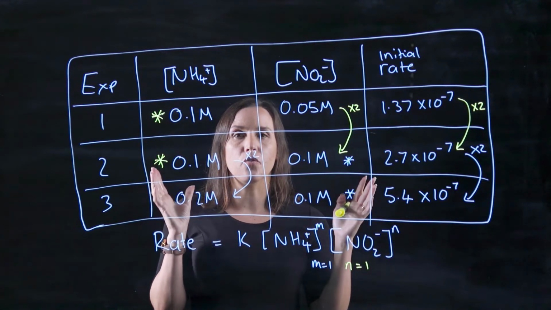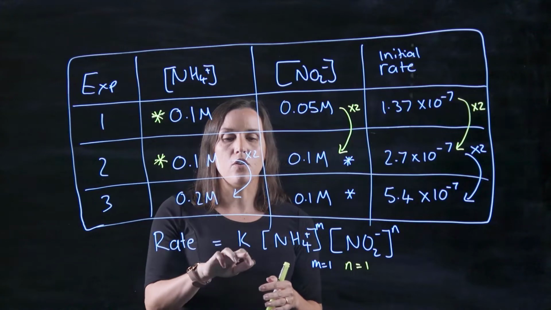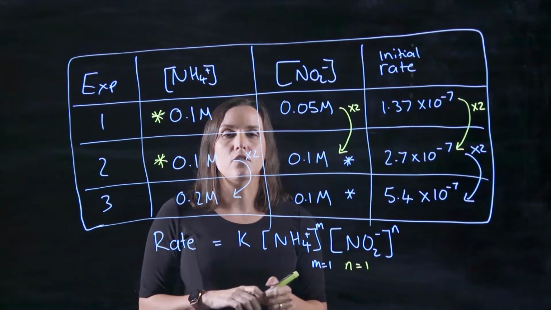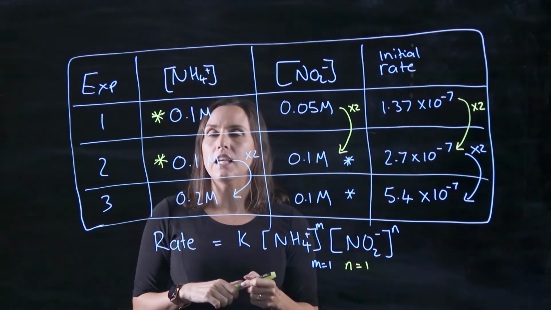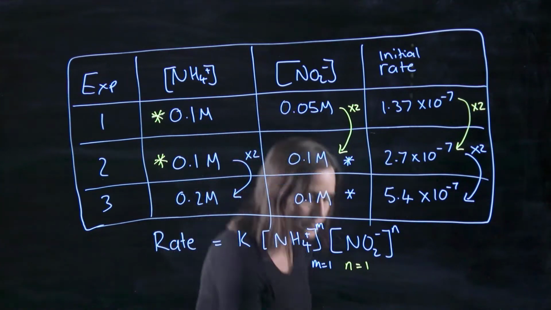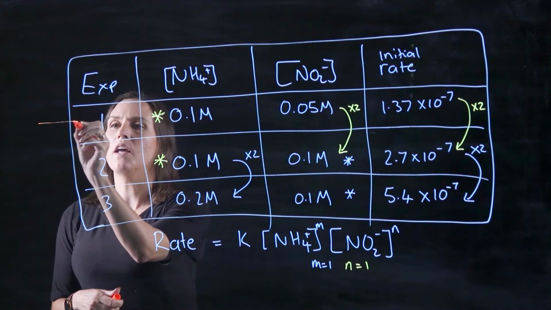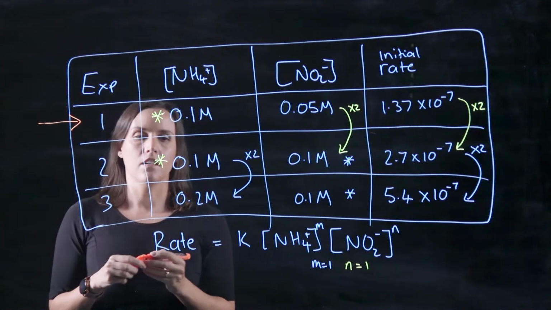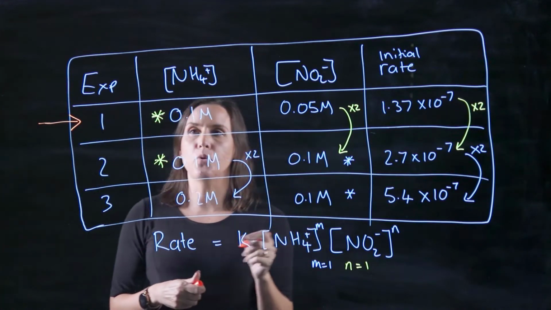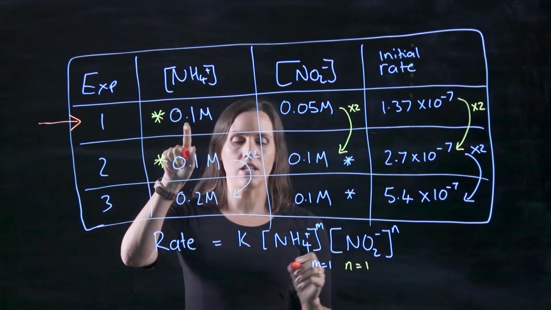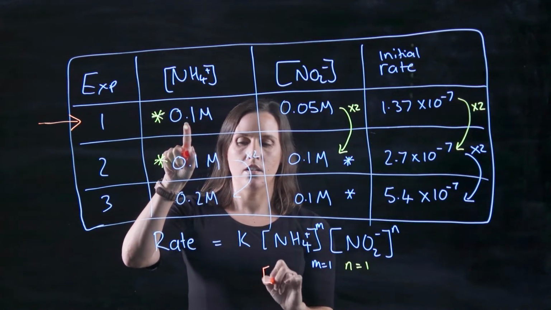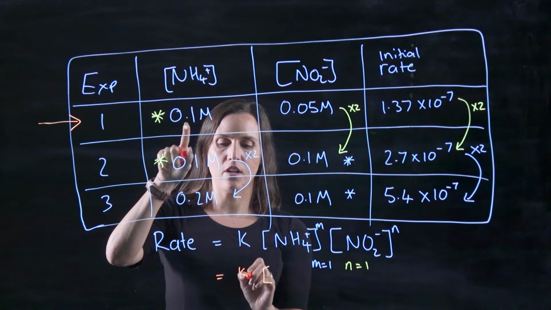So in order to finish this question here, you can solve for K. It's a matter of plugging in any one of these experiments. So we might choose experiment 1 and put the values into the expression here. So we've got that equals K that we're trying to find.